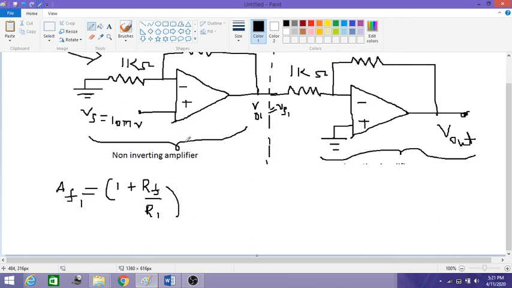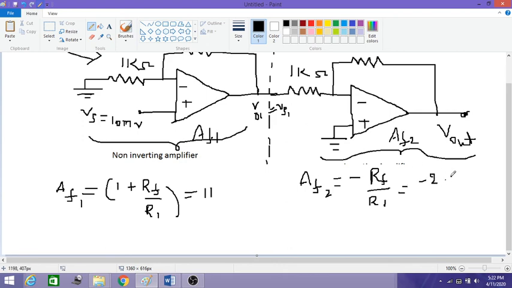You calculate AF1 with respect to this circuit, so this is AF1. So this we got as 11, and here the AF2 is nothing but minus RF by R1. So from this circuit, substitute this RF and this R1 value here, so we will get this as minus 2.2.